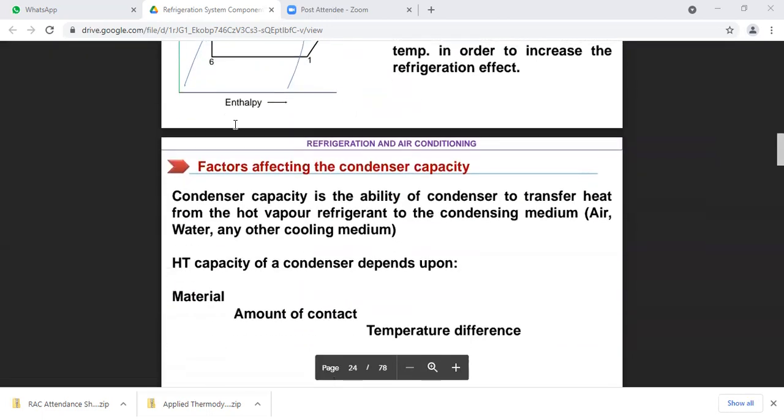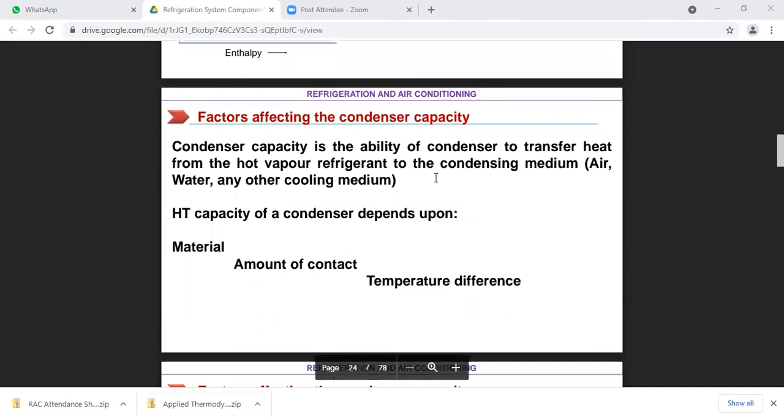Now we are going to discuss the factors affecting the condenser. Generally, the first factor is the material from which the condenser is manufactured. Second is the amount of contact, meaning the extent to which the vapors come in contact with the cooling medium.